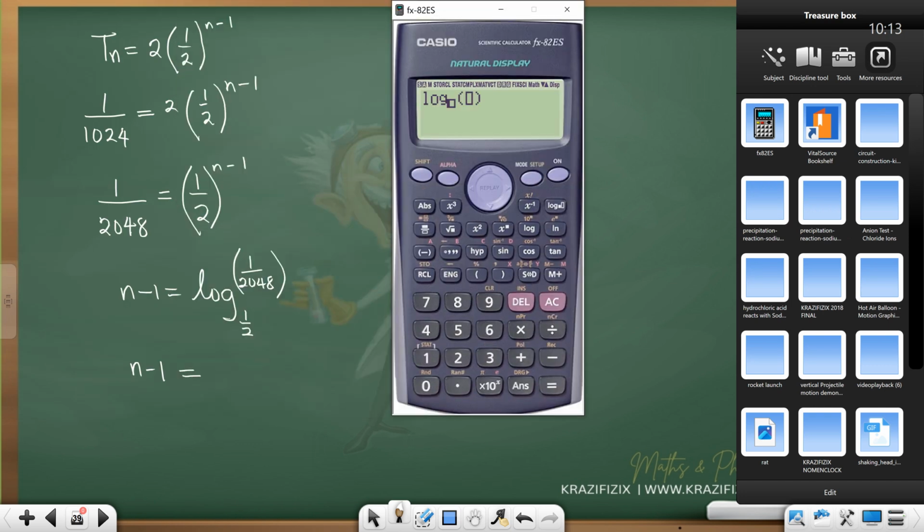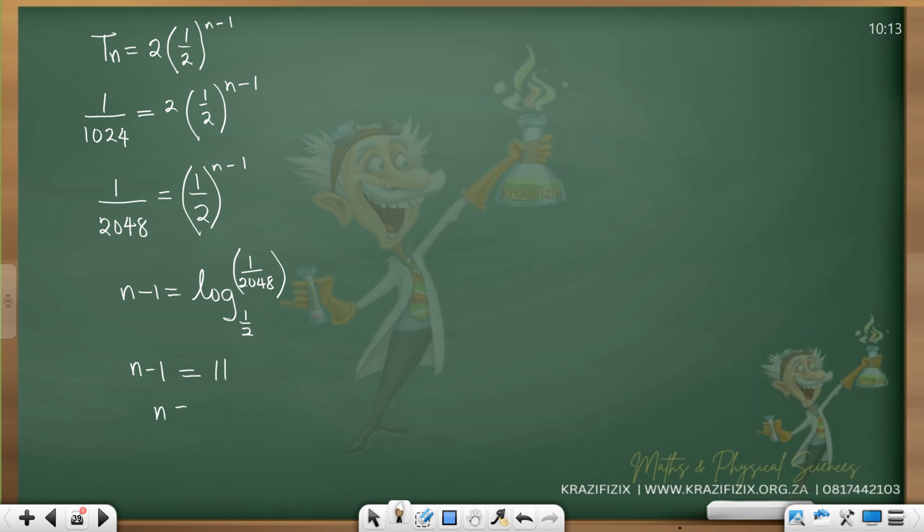Because we need the knowledge of logs very well when we get to sum. Very, very important. So I have to take my time, probably start with it in our next session. But for now, it's just basic, 11. So what is n? n is 12.